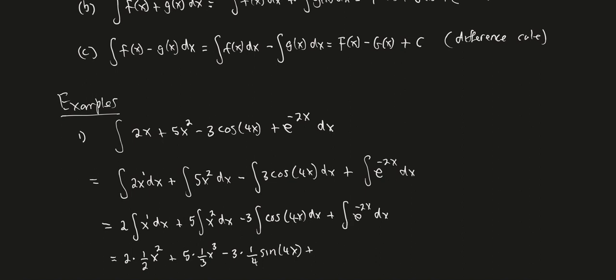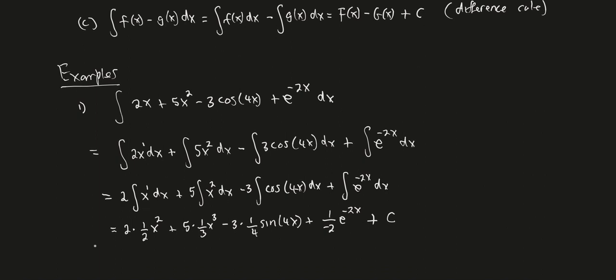Now, the rule that we came up with for the basic exponential function and its antiderivative is that whatever this constant is, this coefficient of the exponent, we end up dividing by. Essentially, it's the reverse of the chain rule, right? That's what this is as well. And then we're going to end up getting 1 over negative 2 e to the negative 2x. And then we can't forget our plus c, right? So this is the unsimplified answer to this particular problem.